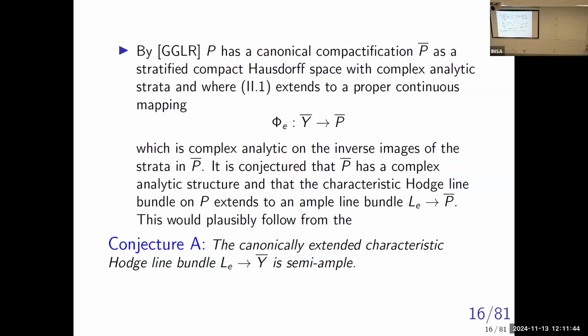Going back to the theorem I mentioned before, the BBT theorem about the image being a quasi-projective variety, there's a stronger conjecture.